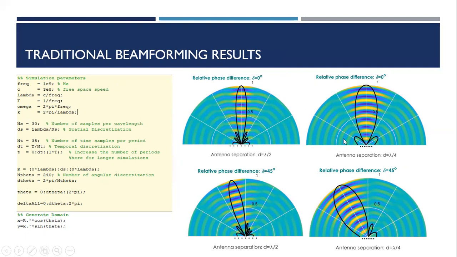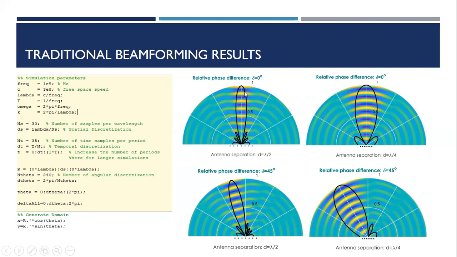So for the first two cases, we can see that the relative phase difference is delta equals 0, meaning the beams are in the broadside direction and are not angled anywhere else. Also, the HPBW, or half power beamwidth, is given by the antenna separation parameter right here, d equals lambda by 2 and d equals lambda by 4.